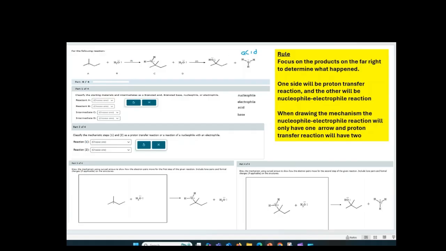I think about which step hydronium is created in. I see an H2O right here, and I know that for hydronium to form, it needs to pull another hydrogen in. I can't do this in this other part, so I could immediately think that this H2O is going to pull this in.